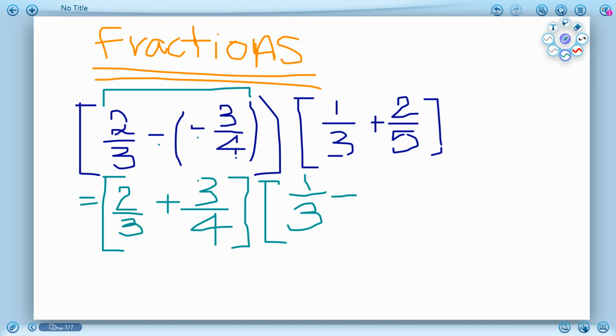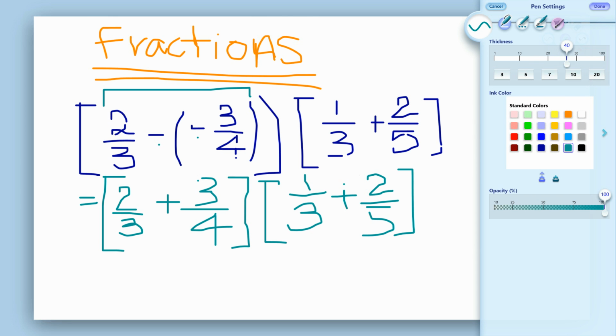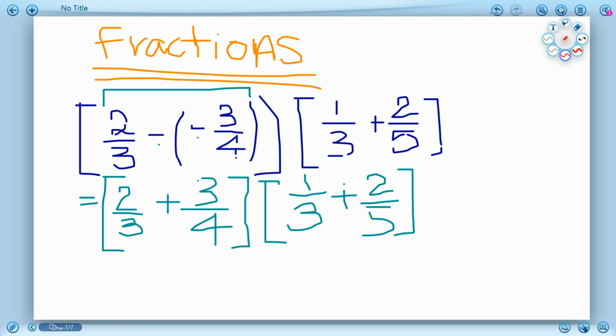Once you get to this point, I hope you can see that these are just two of the operations that we know how to do. The one on the left says 2 over 3 plus 3 over 4. So we're going to first find the common denominator. I'm just combining everything that we learned into one little equation here.